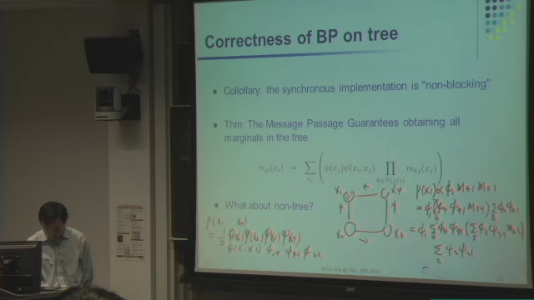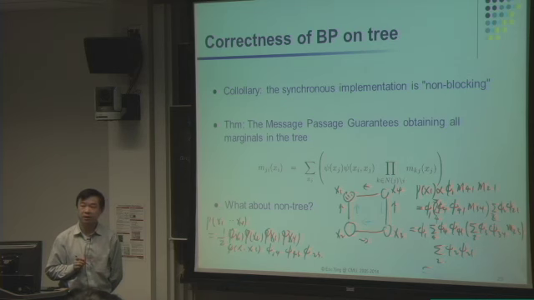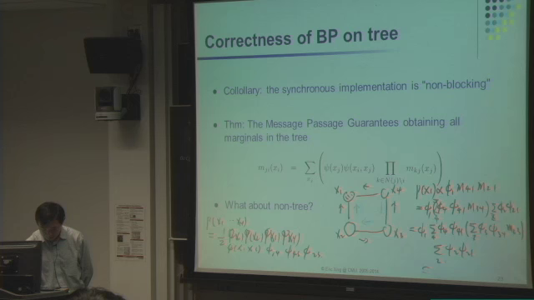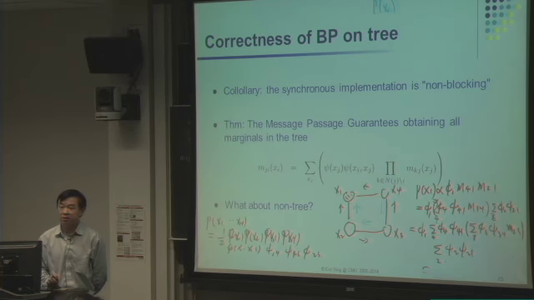I'm going to change my message passing direction. So I'm going to now compute my P of x1, using the messages generated from the blue plan instead of the red plan.